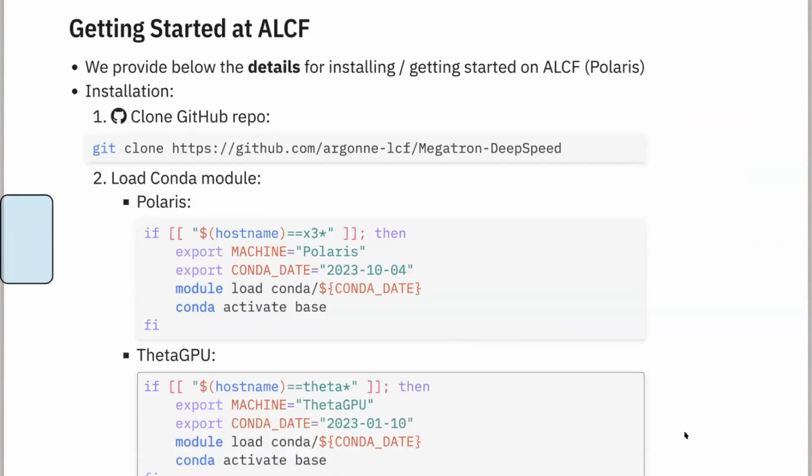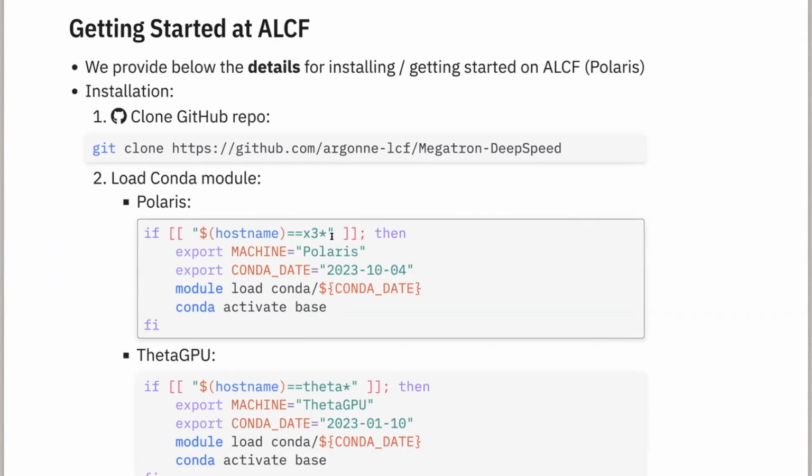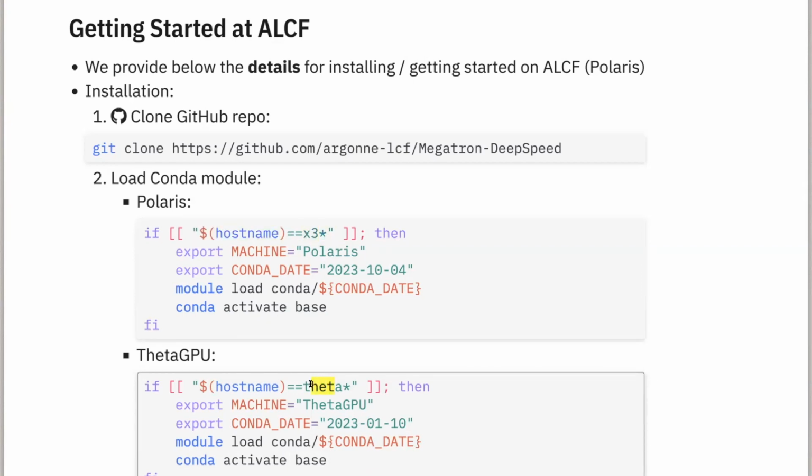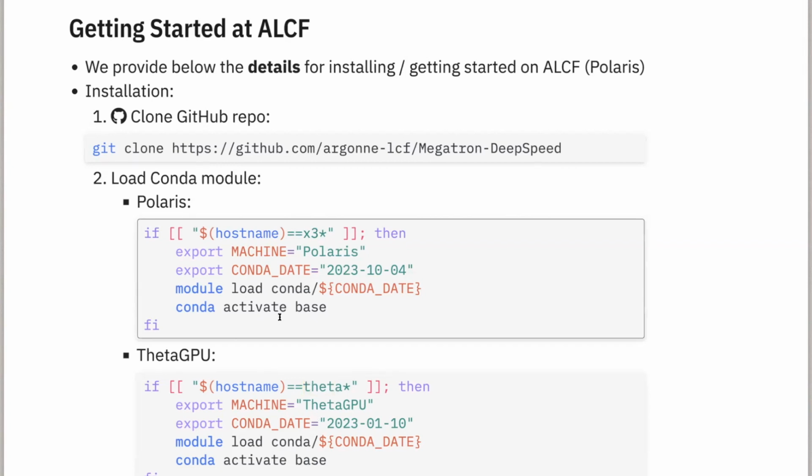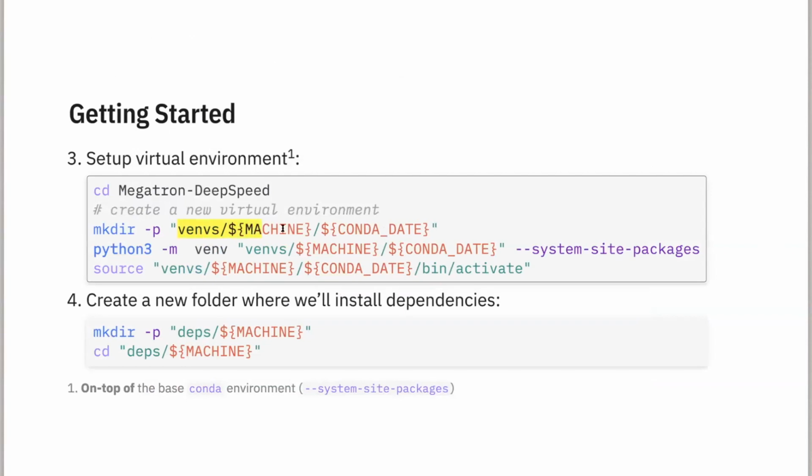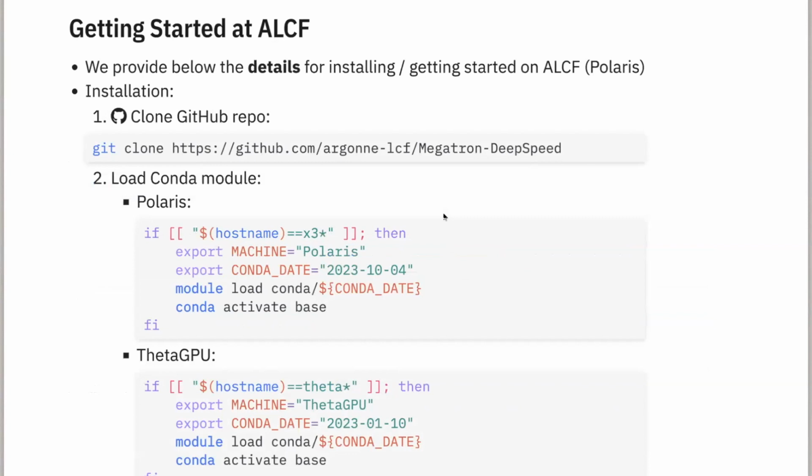One thing that's nice about that is that it allows you to write bash scripts and so on that are portable across machines. For example, all of the nodes on Polaris start with x3 and Theta GPU nodes start with theta. But if you do things this way, you will always know that your virtual environment is in your virtual environments directory, machine, with some candidate.